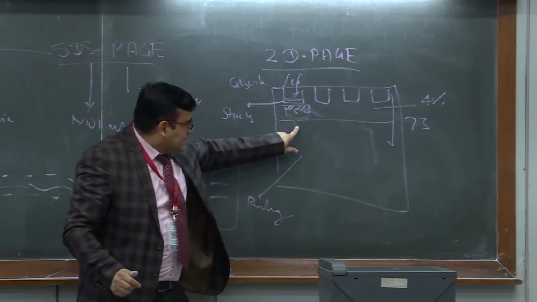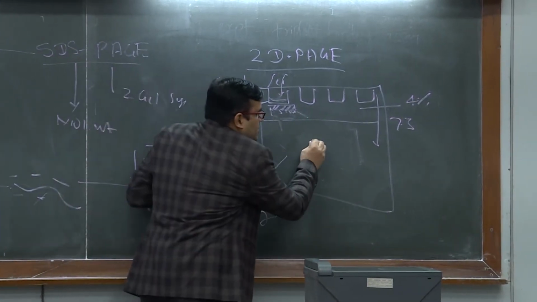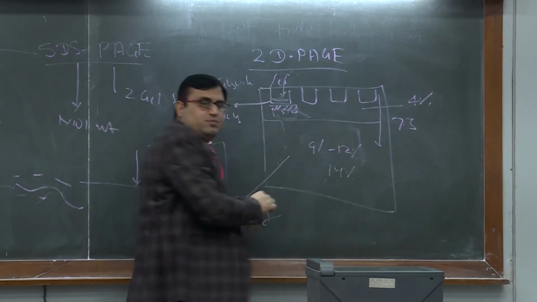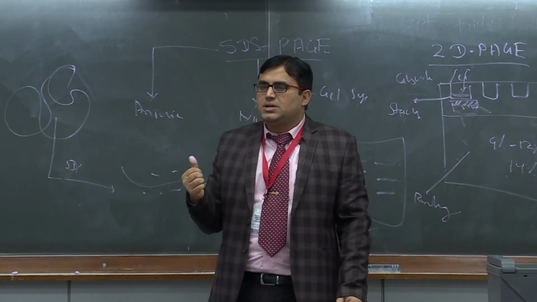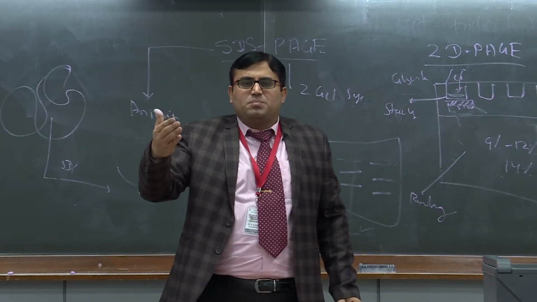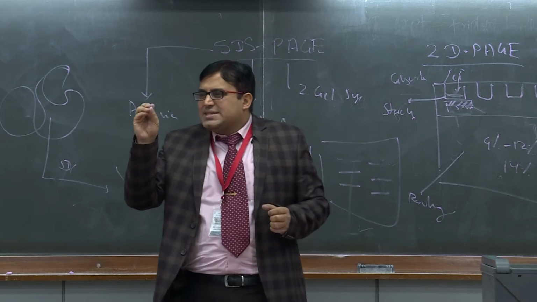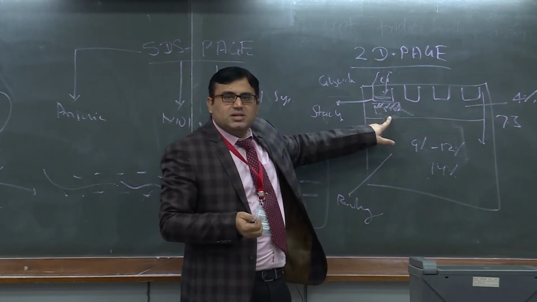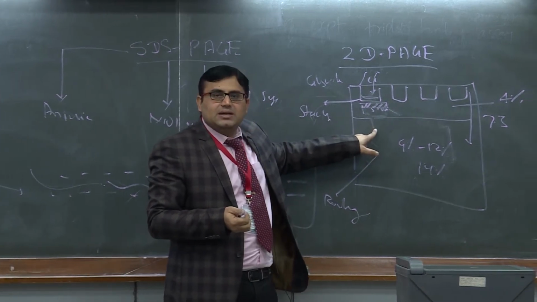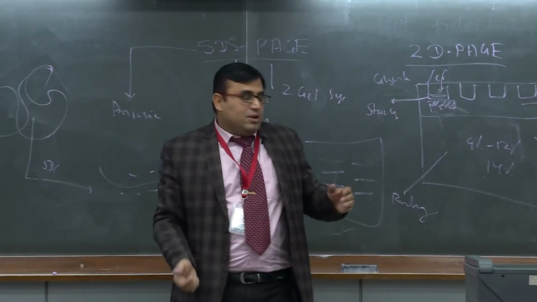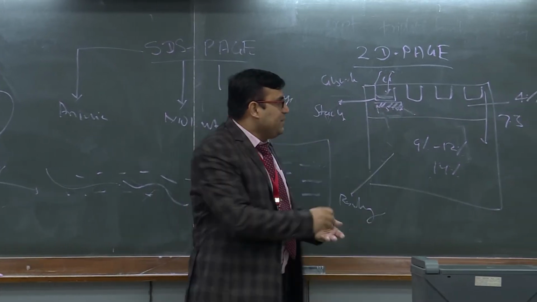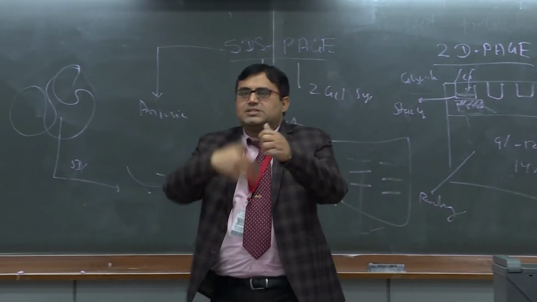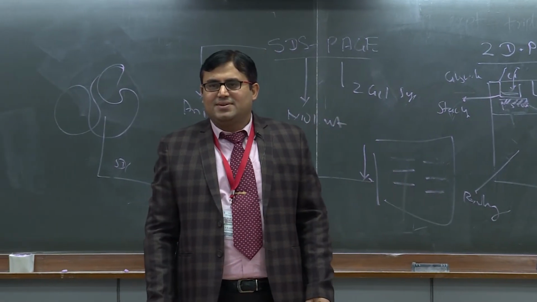Once it enters inside this, here the concentration is almost 9% to 12%, and in some labs people are using 14% also in the resolving gel. So 9% or 14% means the pore size is very small. Once this pleated structure of protein reaches here and tries to enter inside, it requires a lot of force, and once it enters inside, suddenly the pH changes and now the reverse happens.